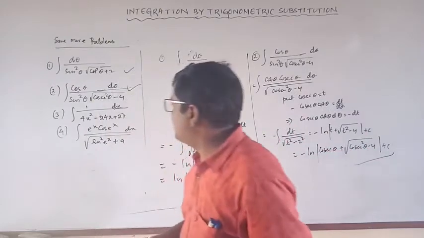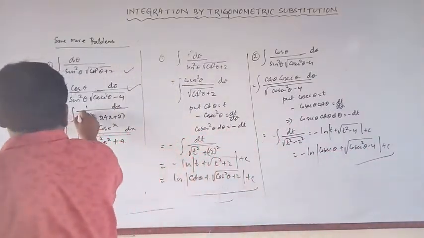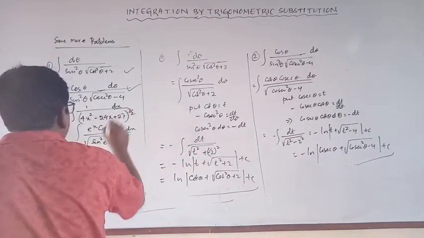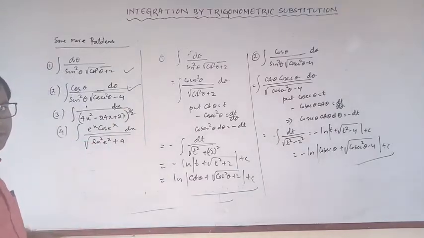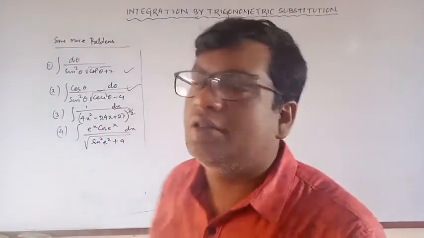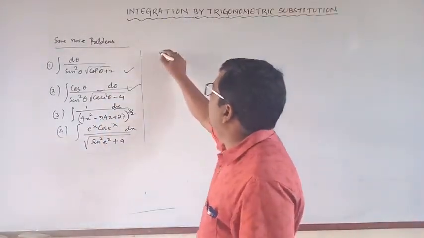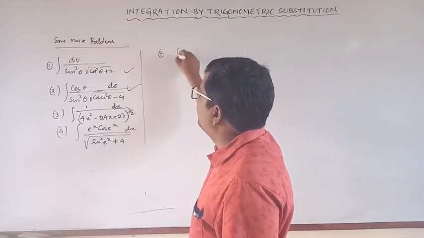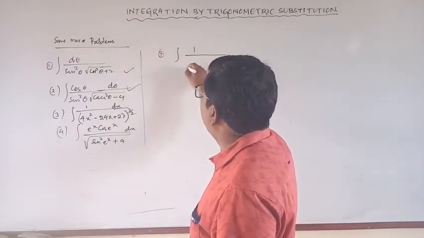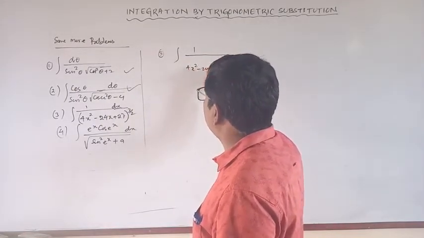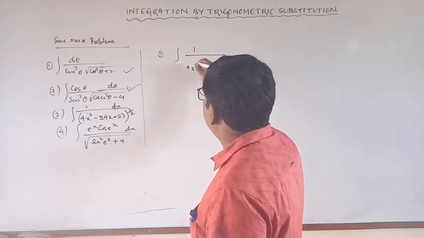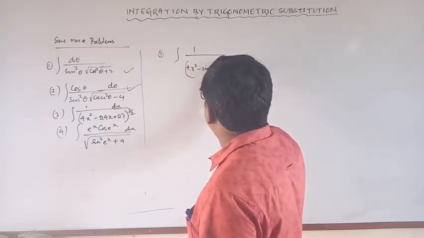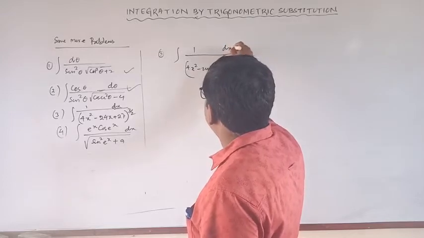Now question number 3 has power 3 by 2. Clear? Now solve question number 3. The solution of question number 3: the integral of 1 by 4x square minus 24x plus 27 to the power 3 by 2 dx.